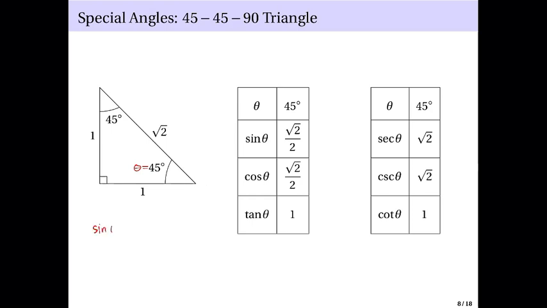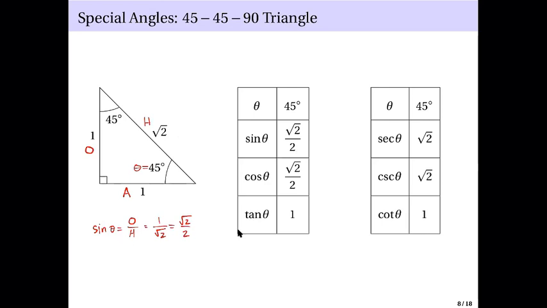Sine theta is opposite over the hypotenuse. This is your opposite, this is the adjacent, and this is the hypotenuse. So opposite is just 1, and the hypotenuse is square root of 2, which gives us square root of 2 over 2 if we rationalize this.